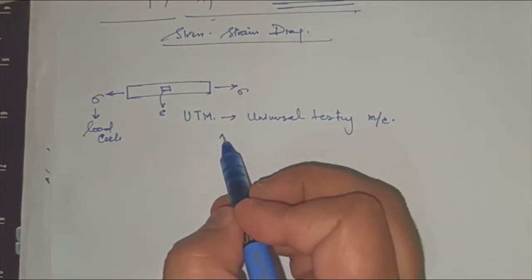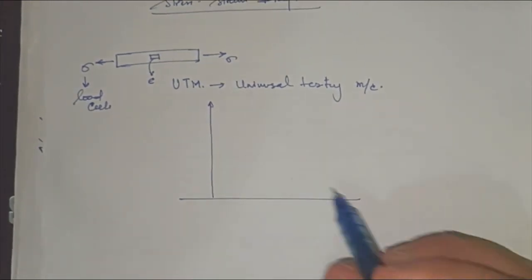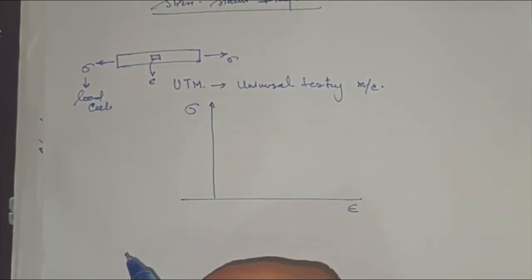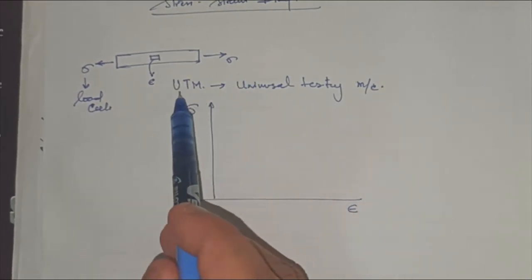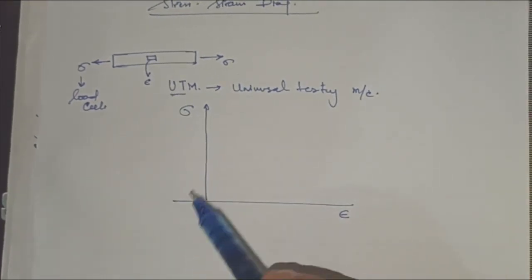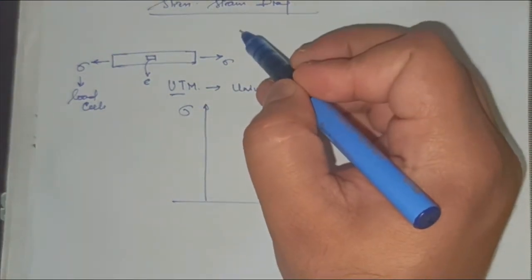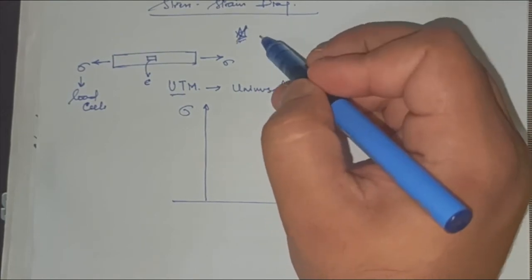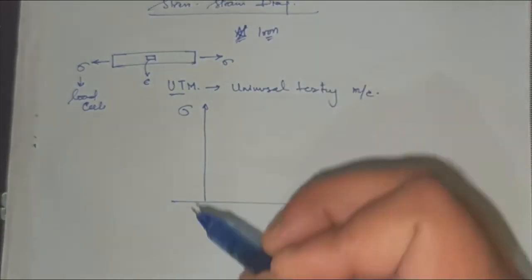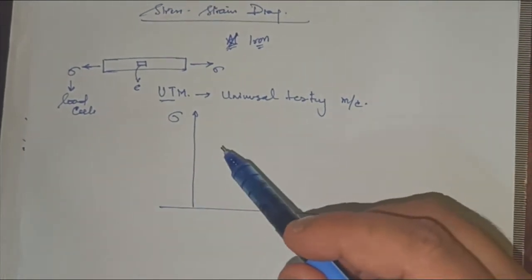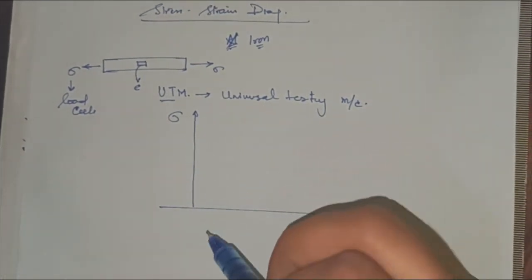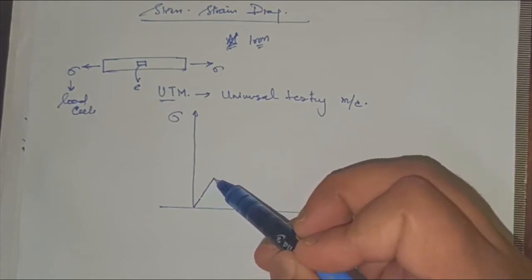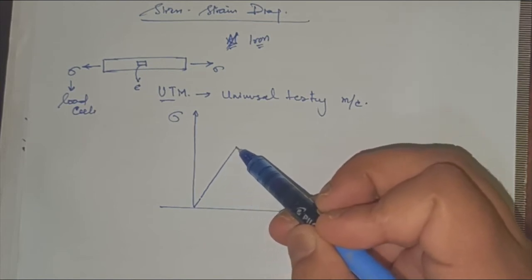If I plot a graph of stress and strain, let's say strain on the x-axis and stress on the y-axis, and I load this material in the UTM, let's say aluminum, Al, or iron. As I load the material, as the stress increases, some kind of deformation also occurs inside the material. So the graph usually varies like this.